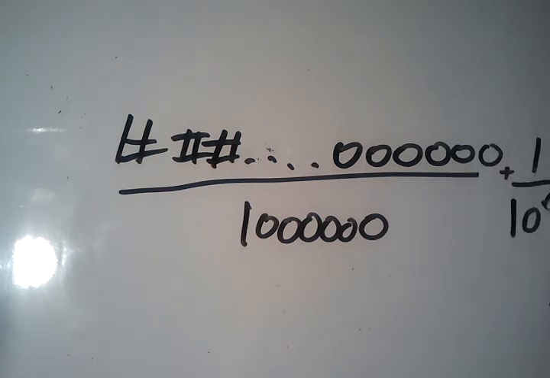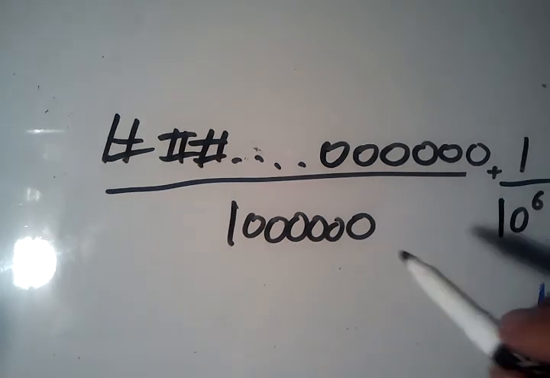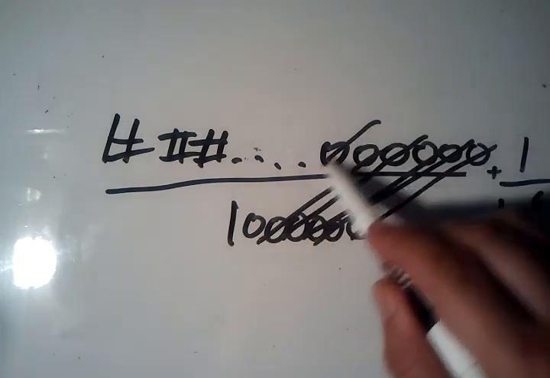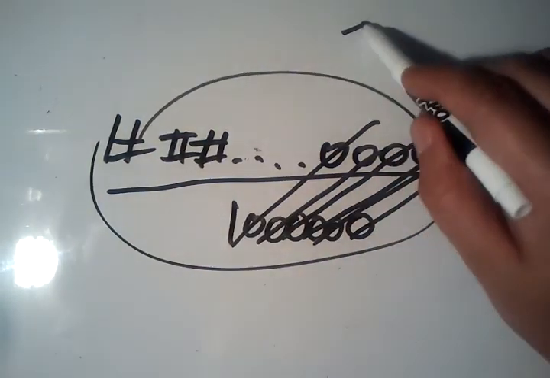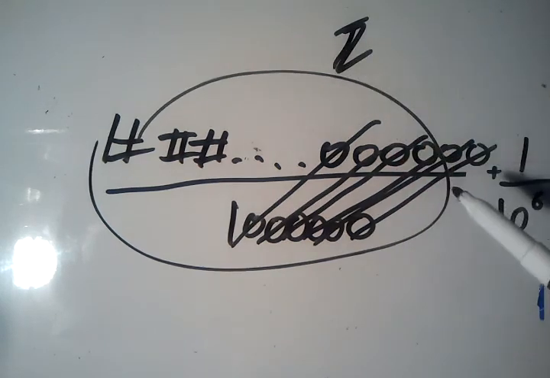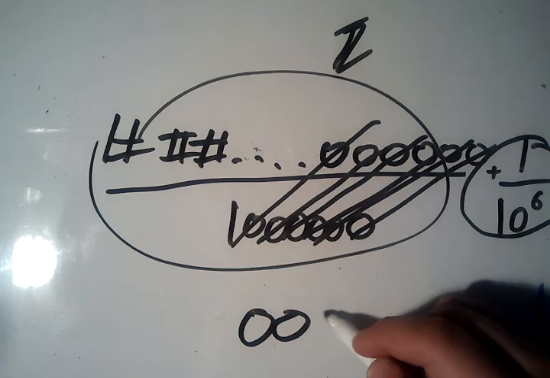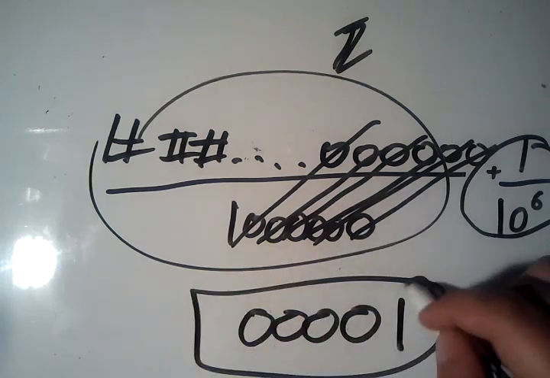I'm going to write it in compact form, 10 to the power of 6. If we just do that, then these zeros all cancel. So this part is an integer, and this part just gives a remainder of 1. So that means the last 5 digits are 0, 0, 0, 0, 1.